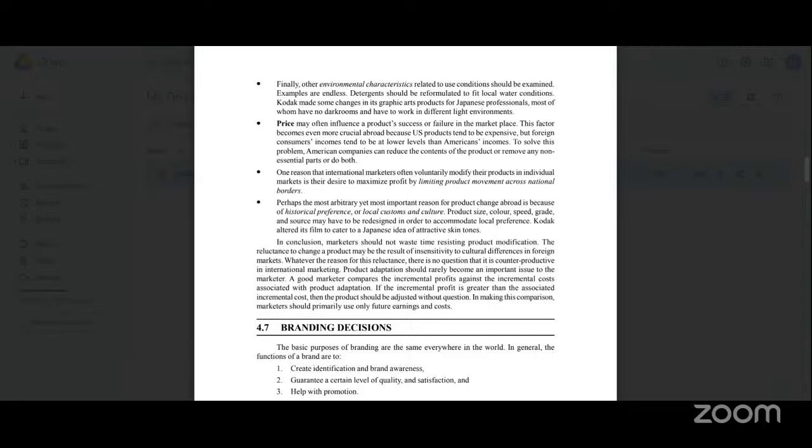So, to solve this problem, what did Americans do? They decided that American companies can reduce the content of the product, or they remove any nonessential factors that may arise due to this, or they do a combination of both.